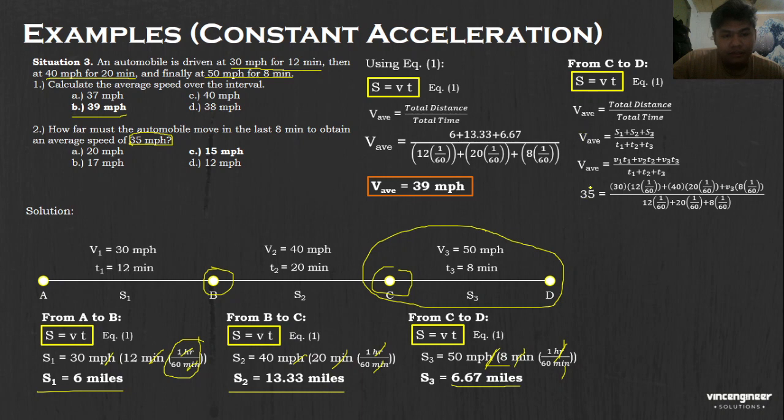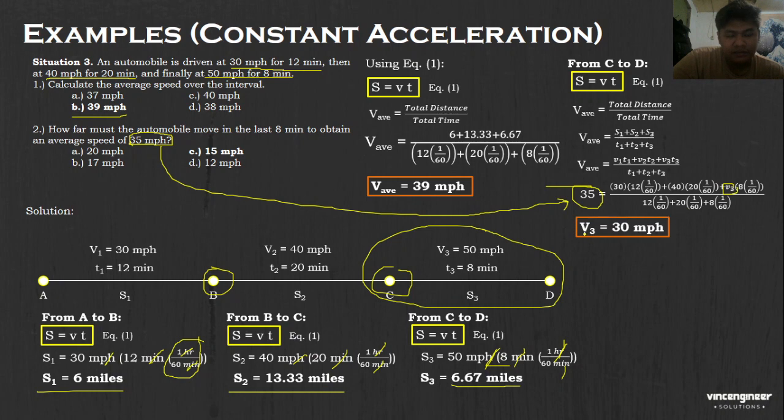Then we substitute 30 for the first segment from A to B, velocity times time, 12. Then 40 for S2, the velocity in S2, and for S3 we are looking for V3 in the last 8 minutes. Gets? Over the total time, we get V3 equal to 30 miles per hour.